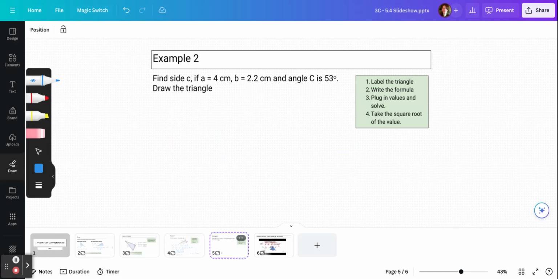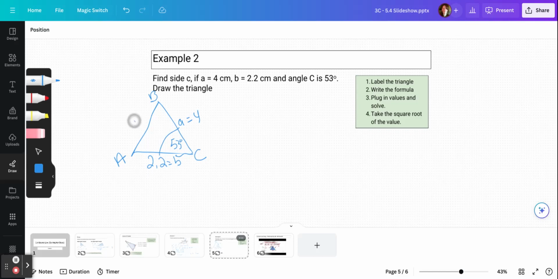Find side C if a is 4, b is 2.2, and angle C is 53. I'm going to draw the triangle, and again, any triangle. Little a equals 4. Little b is going to be 2.2. And angle C is 53. I knew I needed angle C because it has to be the angle that's between both sides that you have.